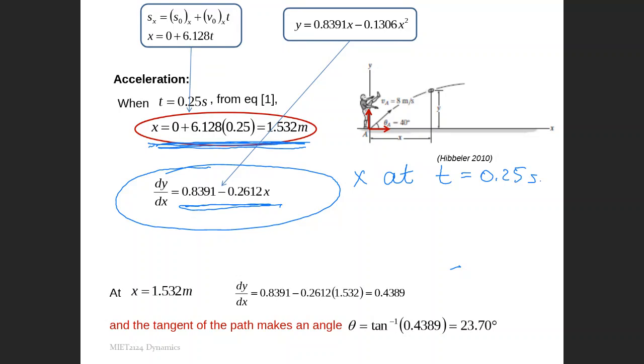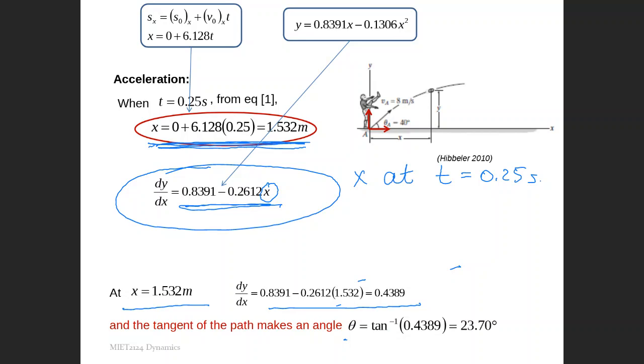So we substitute time equal to 0.25 seconds, and we get that x is equal to 1.532 meters. So we substitute x over here, and we get that the first x derivative is equal to 0.4389.